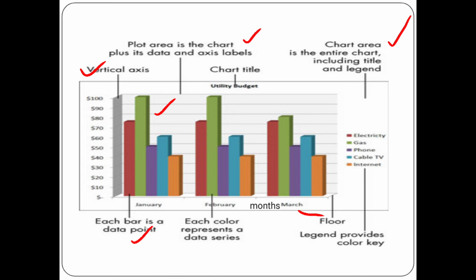Next thing is legend. Legend provides a color key; it identifies the patterns or colors that are assigned to the data series or categories in the chart. Then next one is chart and axis titles.